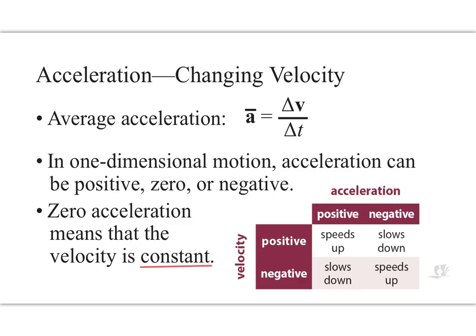Because remember, velocity is representing position changing, like direction. And so these kind of negate each other. You can see that they're opposite of each other. When they're both positive, we're speeding up. When velocity is positive, but acceleration is negative, we're slowing down. But when velocity is negative, direction has changed, and then the acceleration is in the other direction, it's going to slow down and speed up, opposite of how you would think.